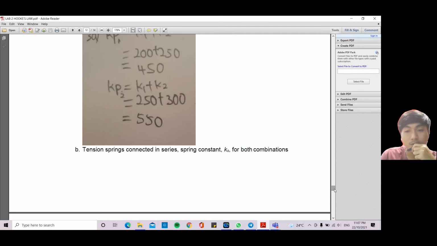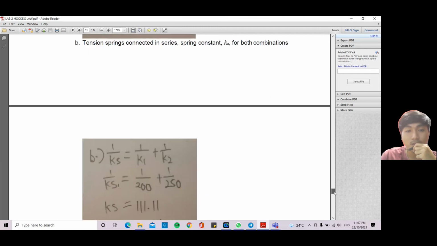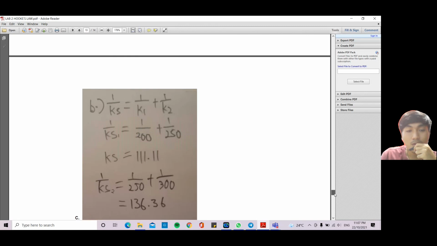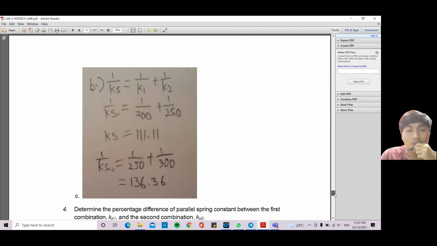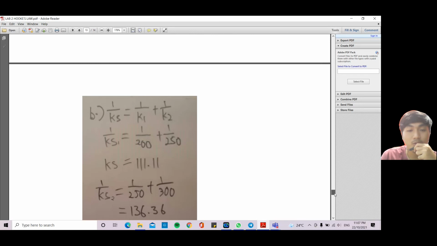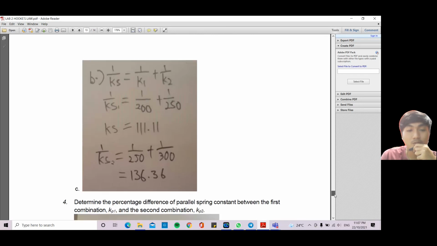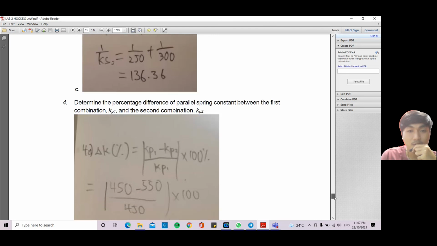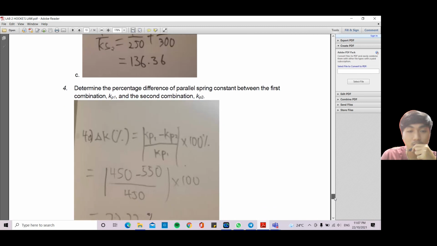For the series spring for both combinations Ks1 and Ks2, we get Ks1 as 111.11, and Ks2 as 136.36.